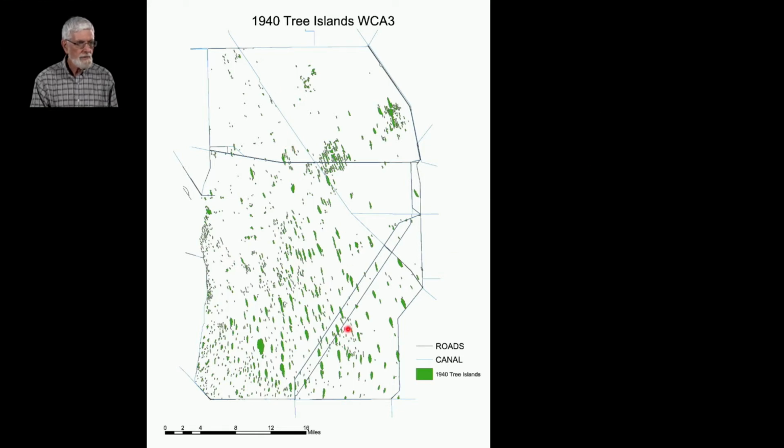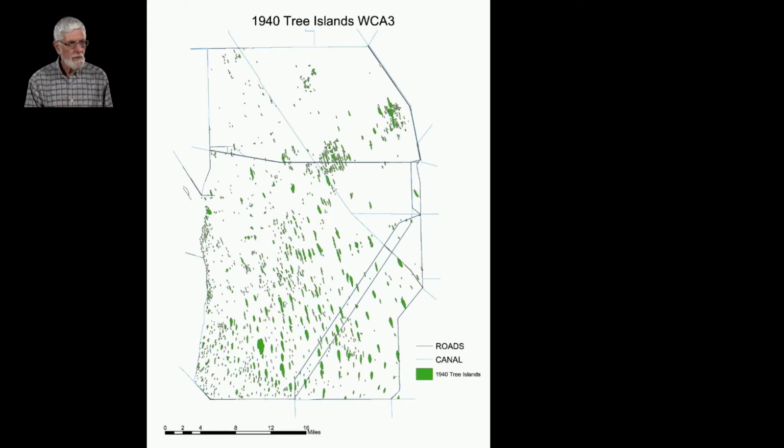There's a couple of things to notice here in the 1940s, that there's hardly any tree islands left in the northern part of 3A because it got so dry there that they just burnt away. But there are some ridges left that got habitated by trees and shrubs. So these are not typical tree islands here and here, but they are shrubby in 1940 according to the map analysis we did.